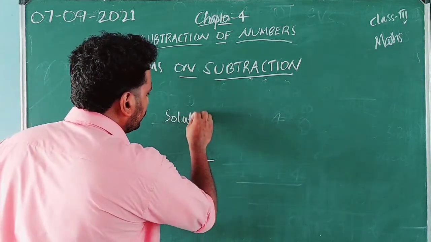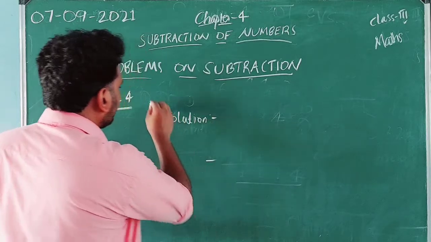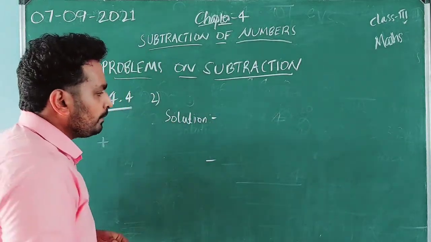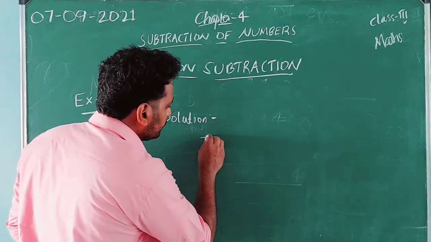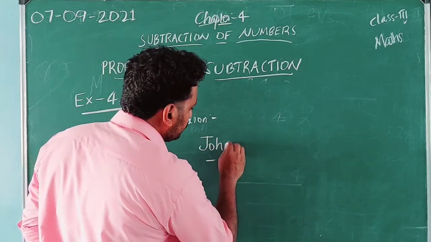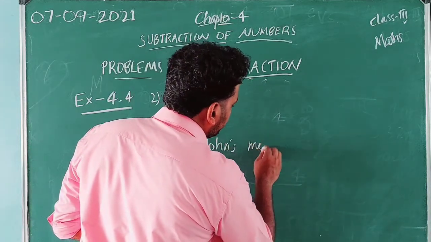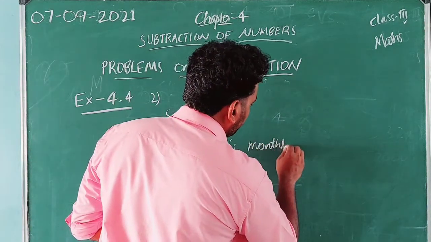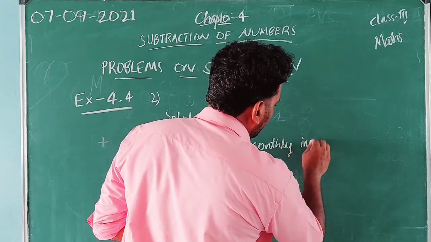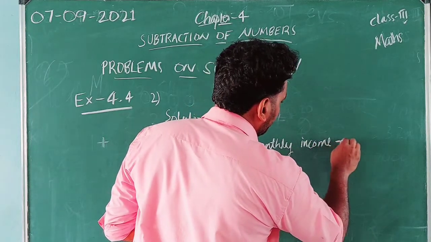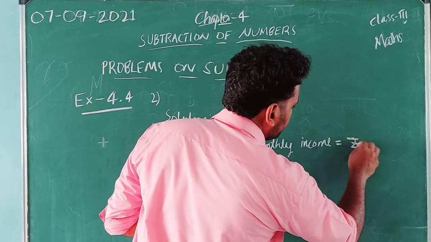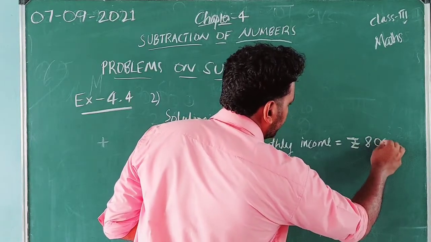So, students, for question number 2 solution. First step is John's monthly income, that is equal to rupees 8,000.